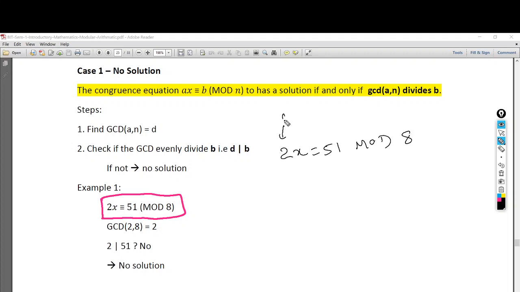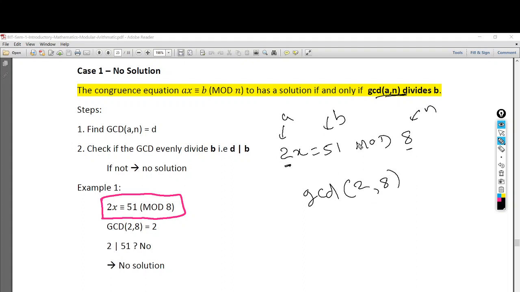This is my a, this is my b, and this is my n. This test says find the GCD of a and n. Here a is 2, n is 8. So what is the GCD of 2 and 8?